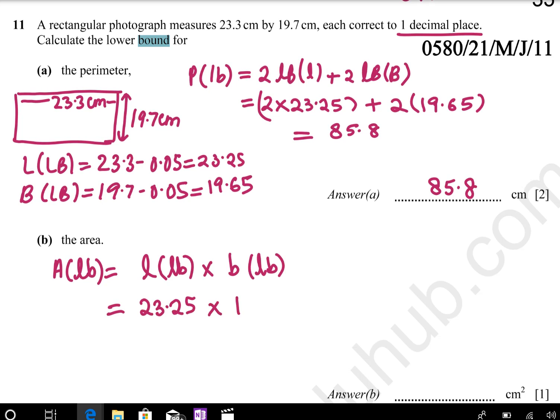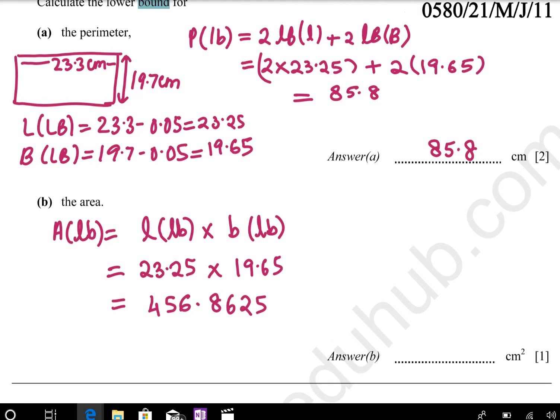And breadth lower bound is 19.65. So let me again multiply these two. 23.25 into 19.65, and that's 456.8625.